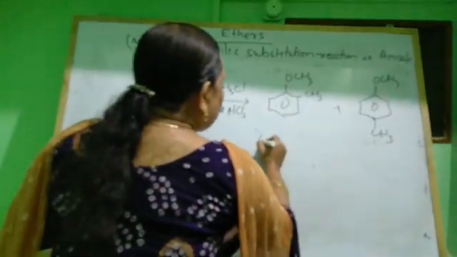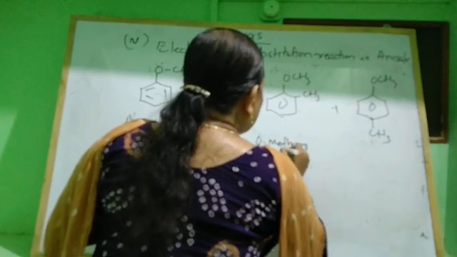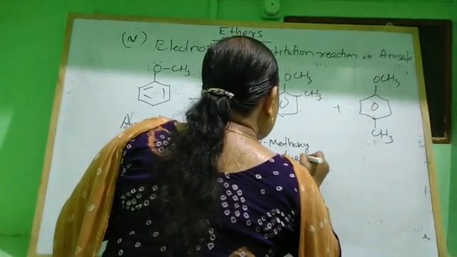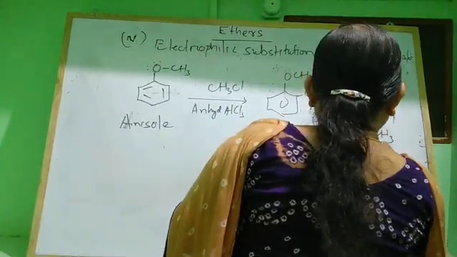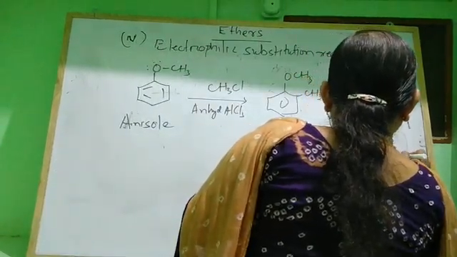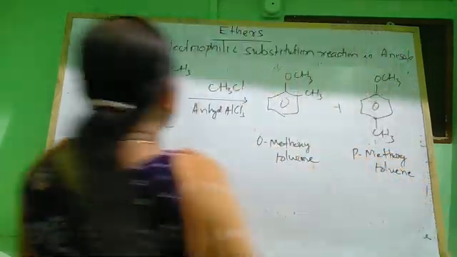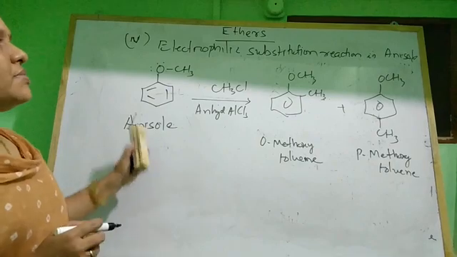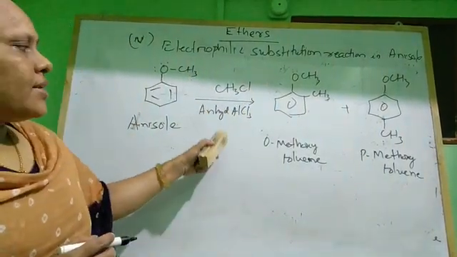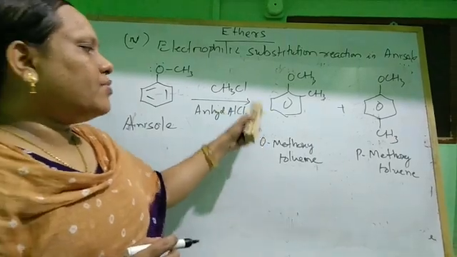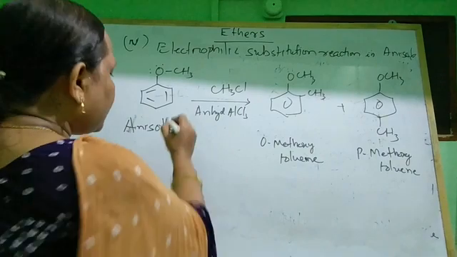So this is your orthomethoxytoluene, para-methoxytoluene. So anisole or methoxybenzene reacts with methyl chloride in presence of anhydrous aluminum chloride to form orthomethoxytoluene and para-methoxytoluene.